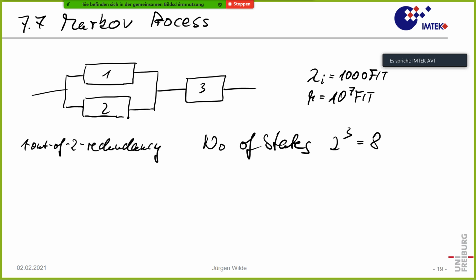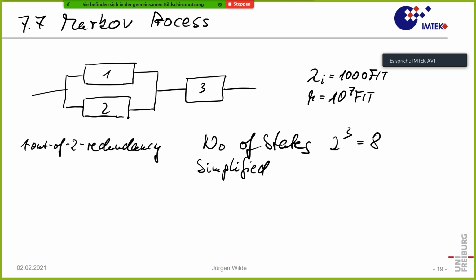How many states do we have if we simplify it? We have two less because if one of these is failed, you could say it's either this or this.